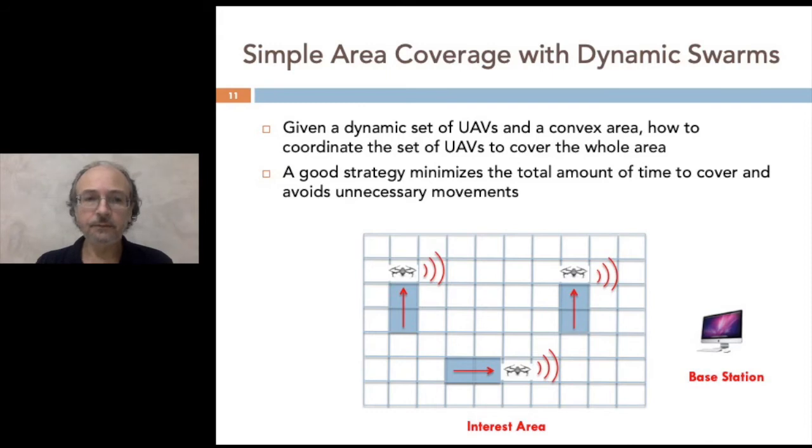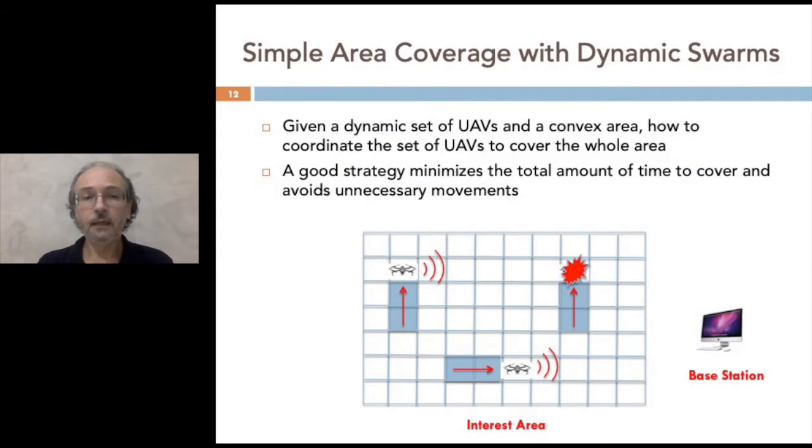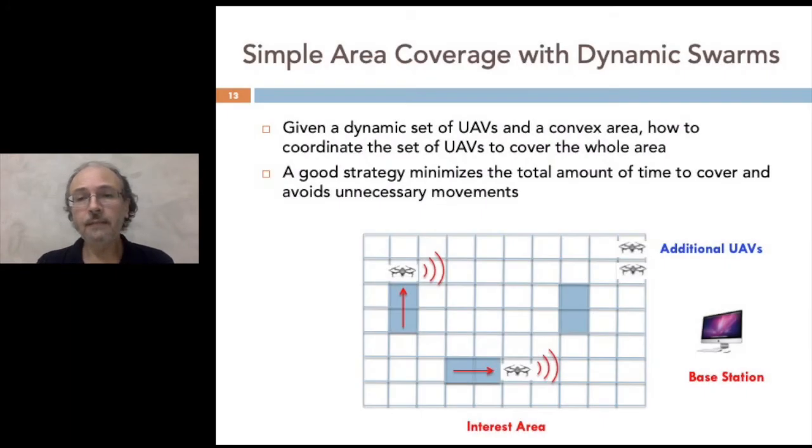The base station is a device which can collect information from the UAVs and can coordinate their actions. In particular, we want to address dynamic aspects of the group. And then some of the UAVs might crash, or we might have new UAVs being added to the group.